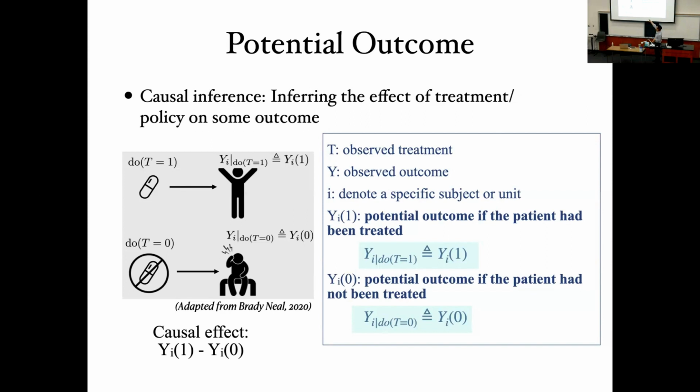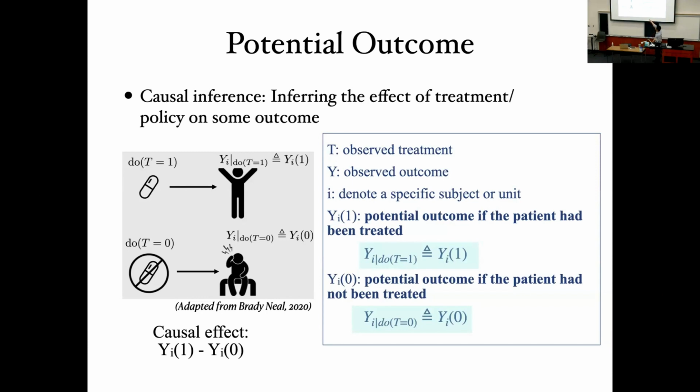This is just a shorthand, Y_I(1), and we say this is the potential outcome. Here T is the observed treatment, Y is the observed outcome, and I is the index of the subject.